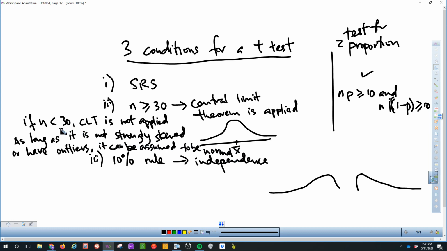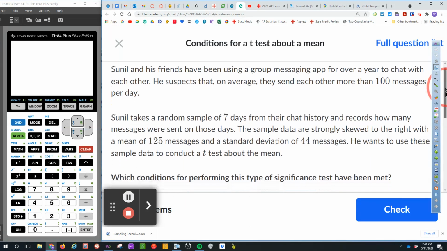If it's more than 30, the central limit theorem is applied, then boom, that's it. You know that it's approximately normal. But if it's less than 30, CLT is not applied, and then you need to look at the sample distribution. As long as the sample distribution is not strongly skewed or have outliers, it can be assumed to be approximately normal.